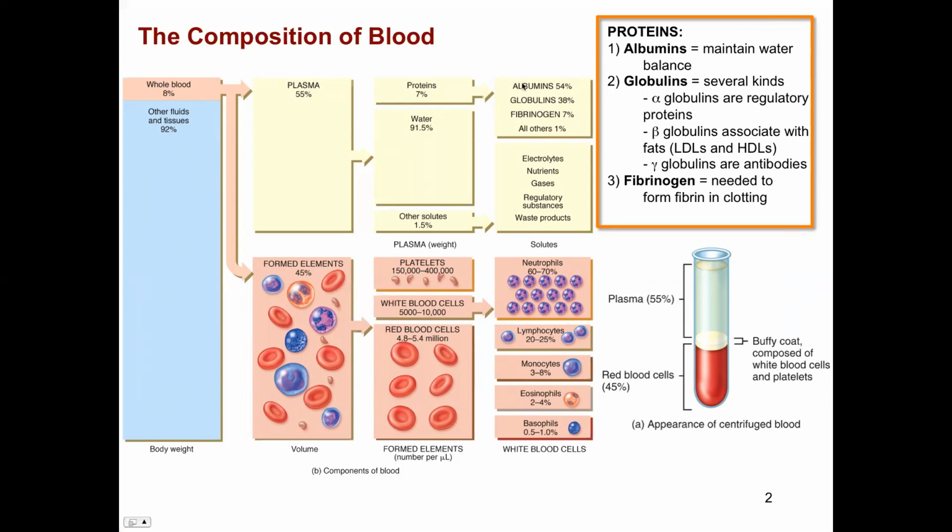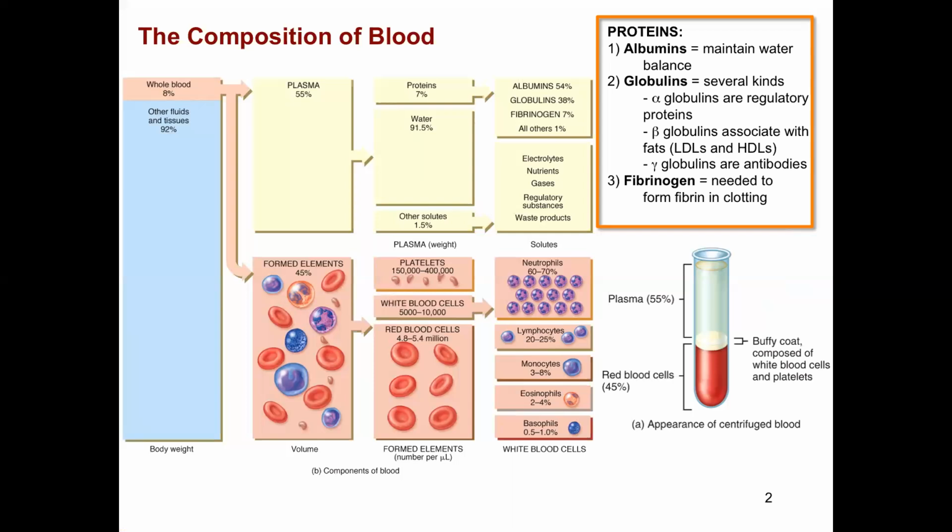And the first one are the albumins. So remember in class, I was trying to review why this works. The principle here is that the albumins do not go out of the bloodstream normally. So they help to maintain water balance because, as you know by this point in the course, we talk about water following salt, but it will follow its concentration gradient, always going from high to low concentration.